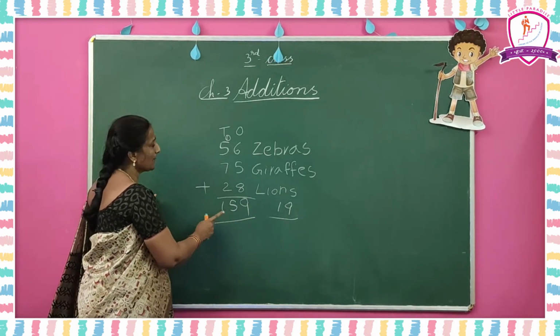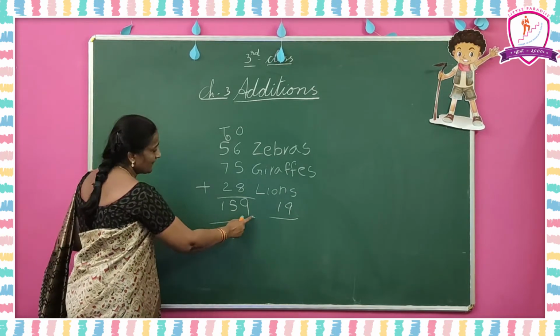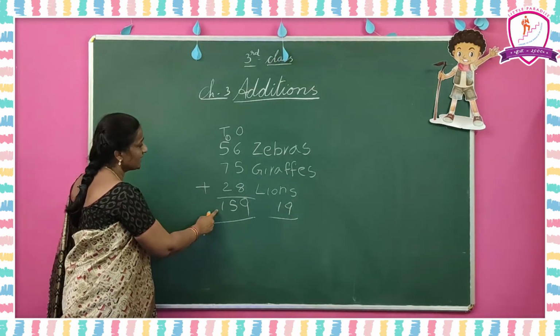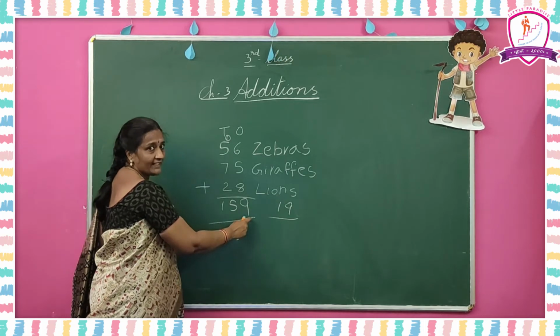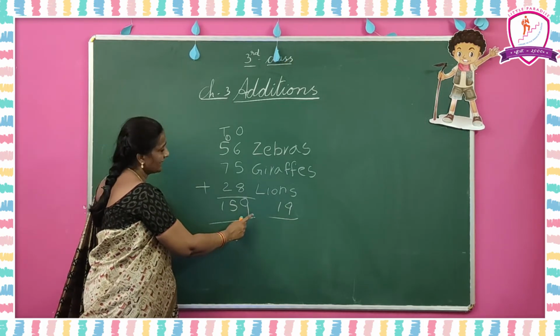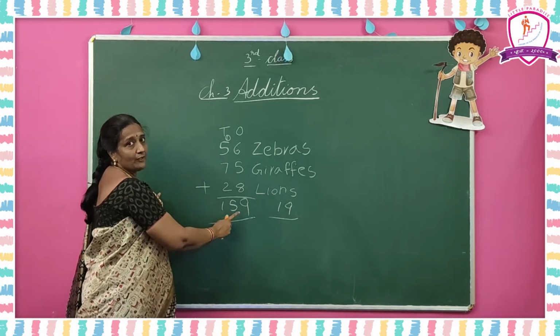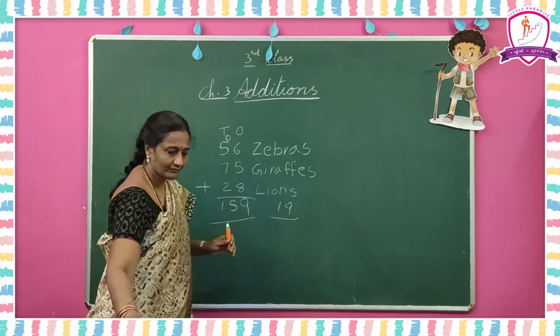In 159, do you know how many hundreds are there? We already know the expanded forms. In 159, how many hundreds are there? 100. How many tens are there? 5 tens. How many ones are there? 9 ones. 159 is 100, 5 tens, 9 ones.